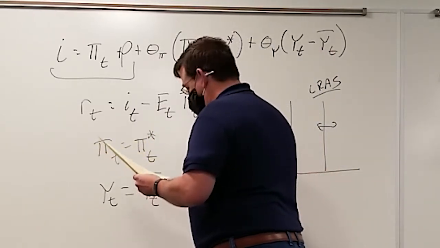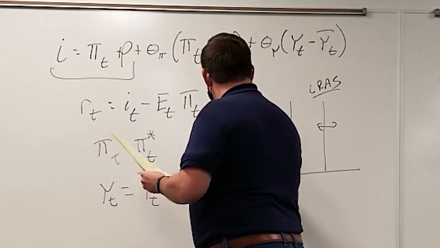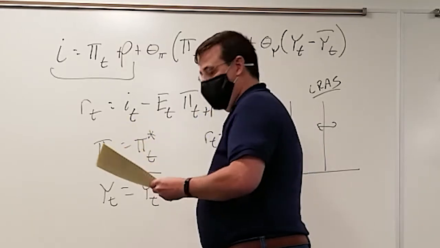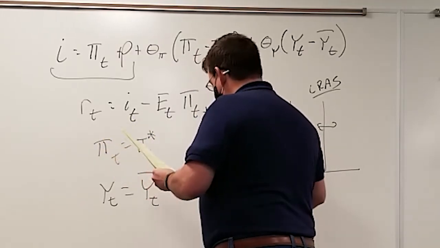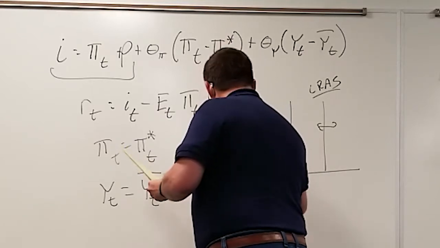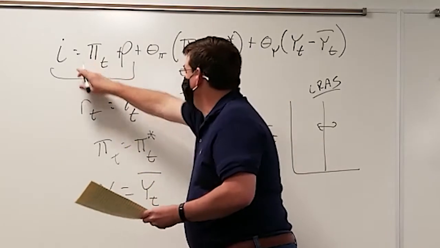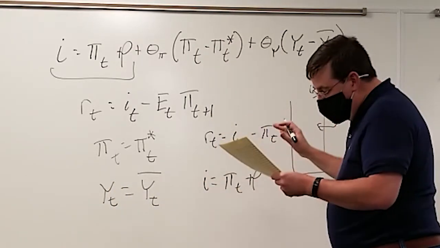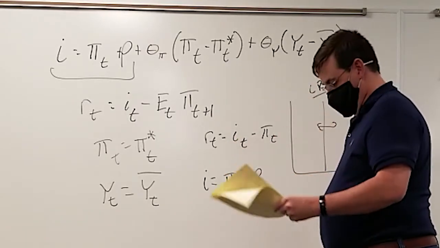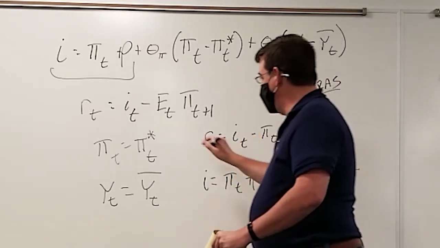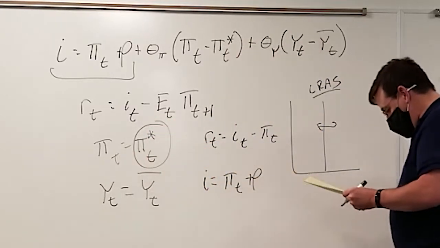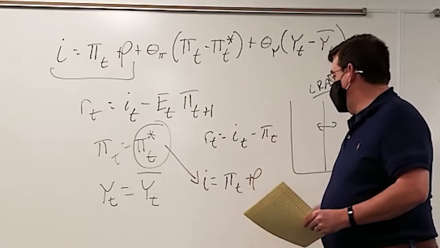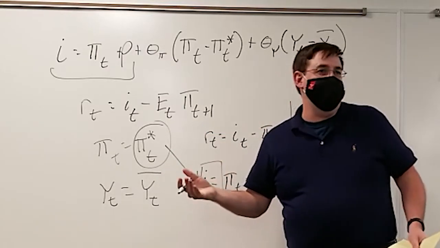So understanding again that r of t is equal to i at t minus pi at t, we get the natural rate of interest would be pi of t plus rho. So then, the Fed adjusts the supply of money so as to achieve its target, and that then arrives at the nominal interest rate, which is what we read about in the newspaper.